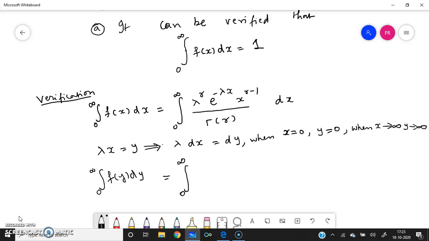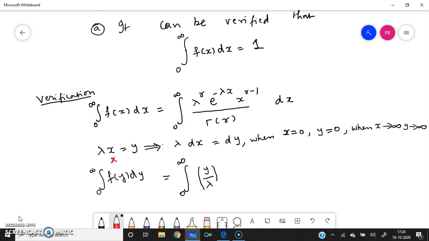Lambda to the power of r is one and the same, there is no change. Lambda x only we have changed. Since lambda is y by x, I can write x as y divided by lambda.